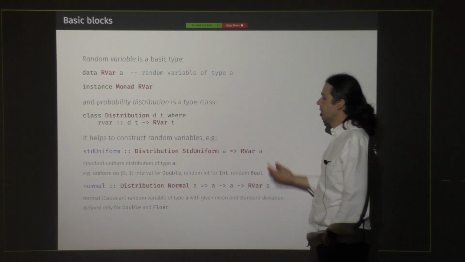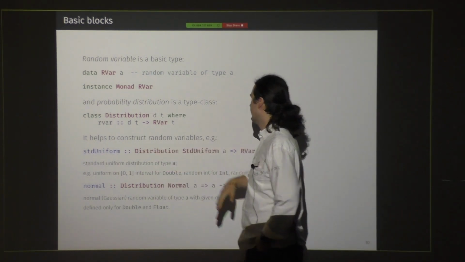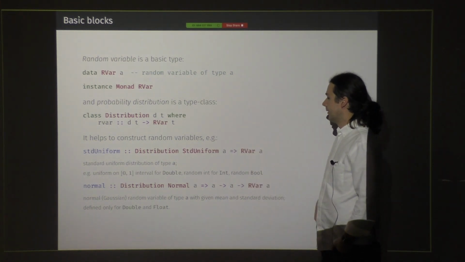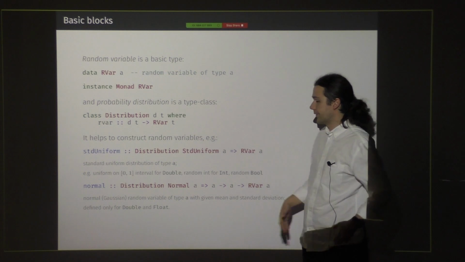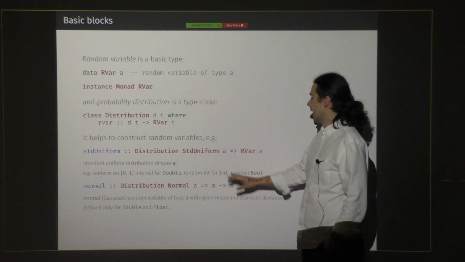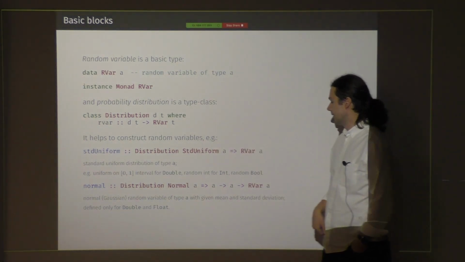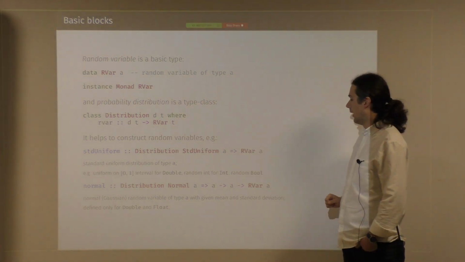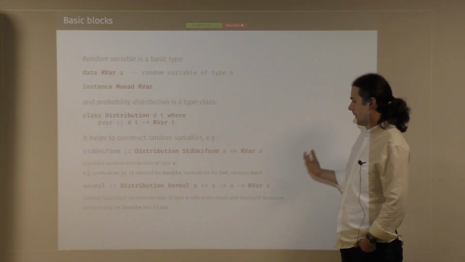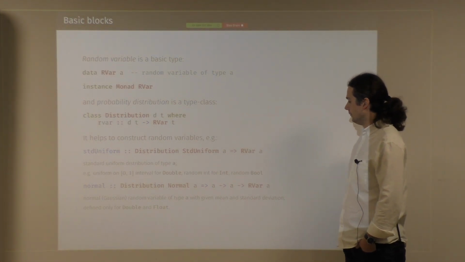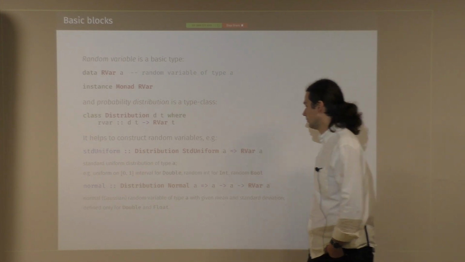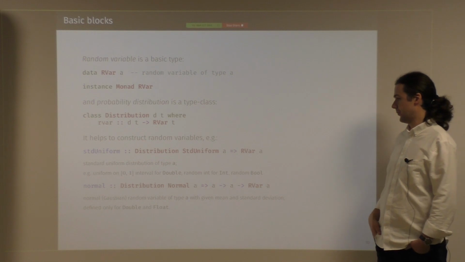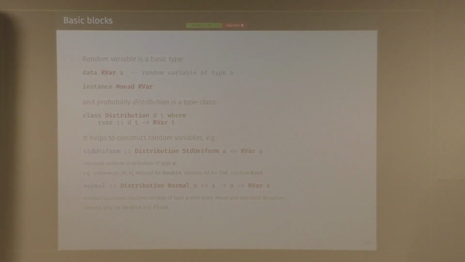So the standard uniform, stdUniform, has a type constraint, which means that basically we can produce a random variable with some distribution of the values, and in the end it will produce us a random variable of type A. Or there is a function that can produce, for example, a random variable with Gaussian distribution. We will see the examples in a moment.